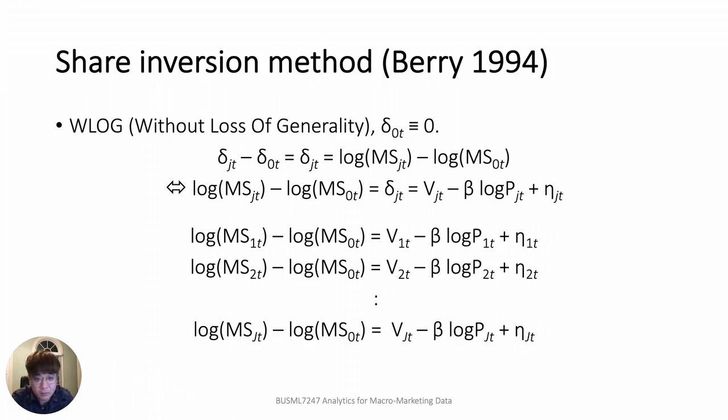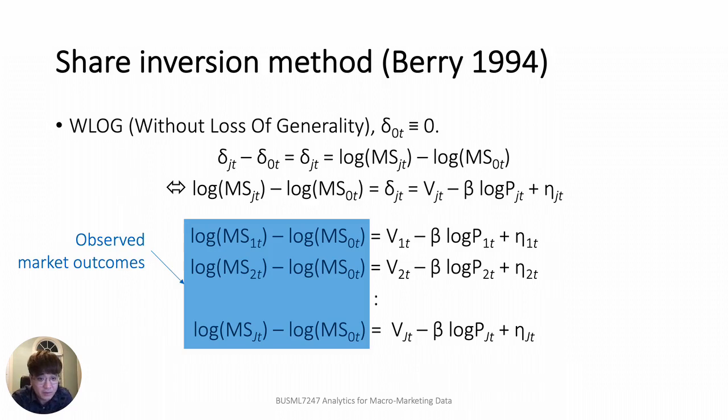For expositional purpose, let me write down the equation for all options from option 1 to option capital J. This is a panel structure. At each time, we have a system of equations of the possible options.